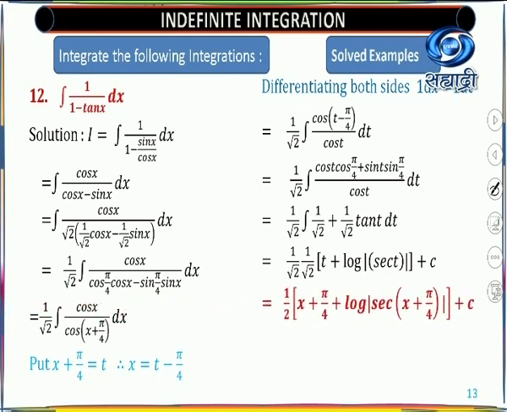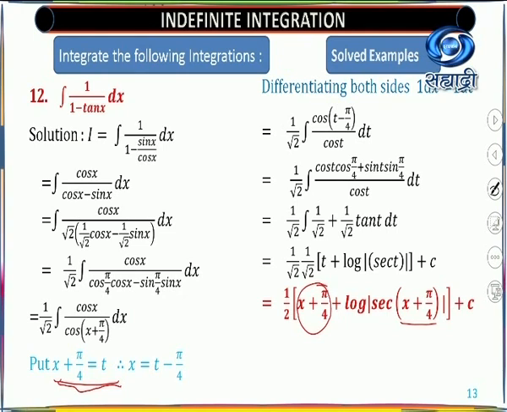Which is nothing but 1/2 of x plus pi by 4, because we need to replace the values. What is the value of t? The value of t is x plus pi by 4, plus log sec of, again substituting the value of t, x plus pi by 4, plus constant of integration.